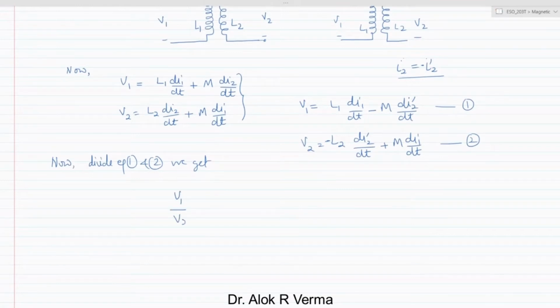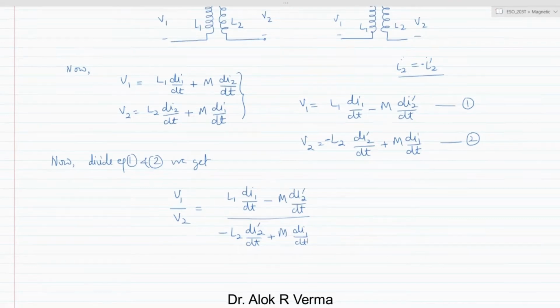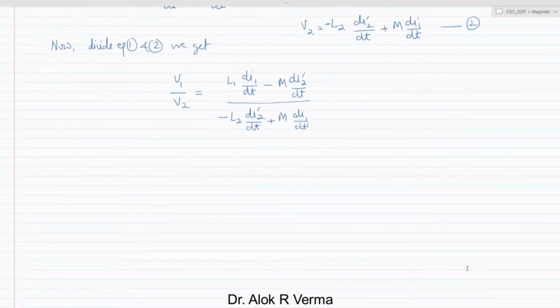Basically we want to calculate V1 by V2. So this will be written as L1 di1 by dt minus M di2 prime by dt, divided by L2 di2 by dt, which goes to prime side, then plus M di1 by dt. So these are the equations written in the division form.